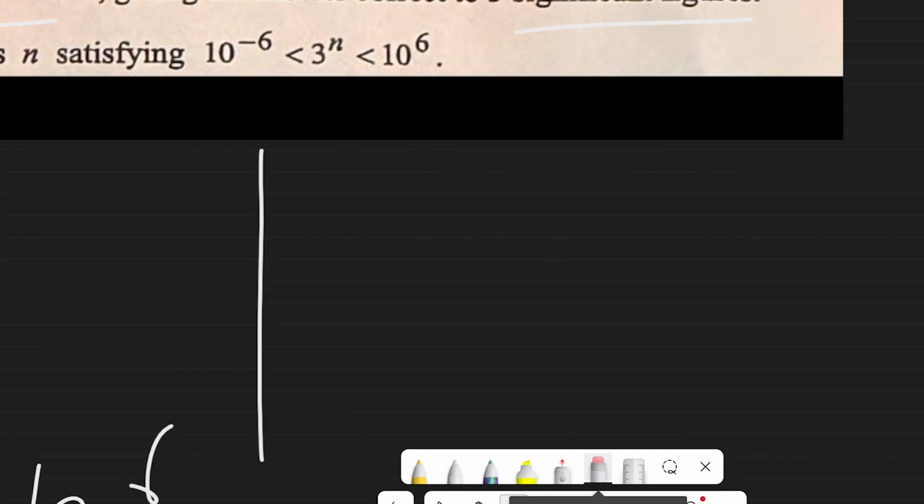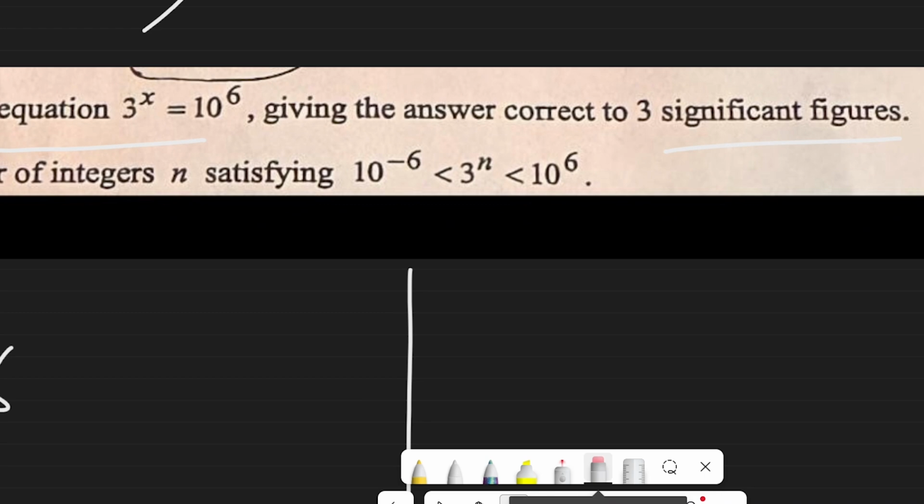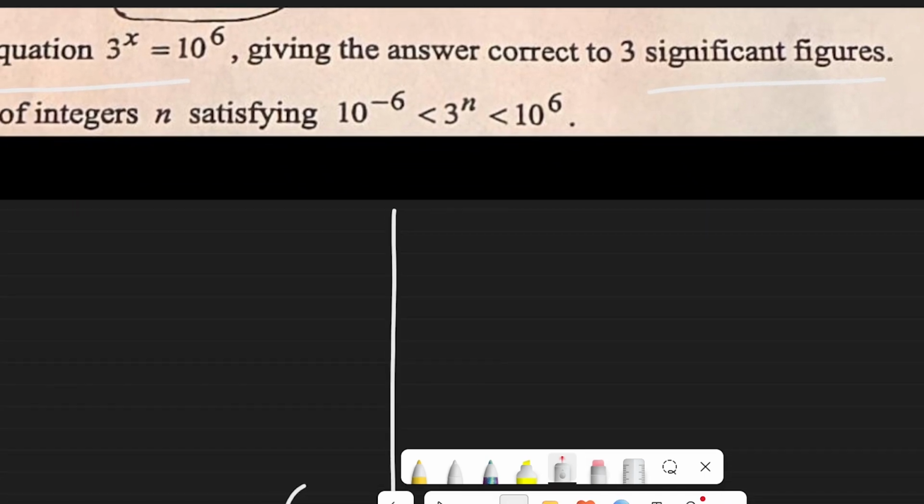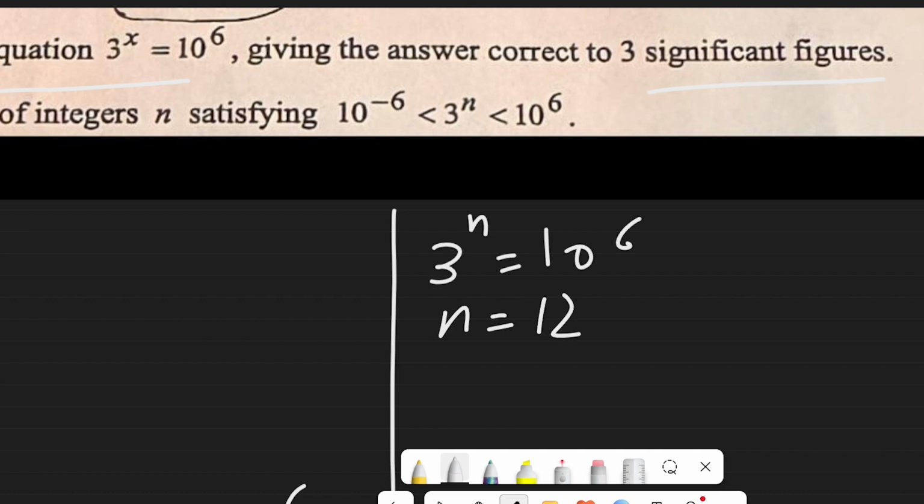As we can see, the previous part says that 3 power x is equal to 10 power 6, so we can just substitute this with x. So 3 power n this time is equal to 10 power 6, and then n would come out to be 12.6.